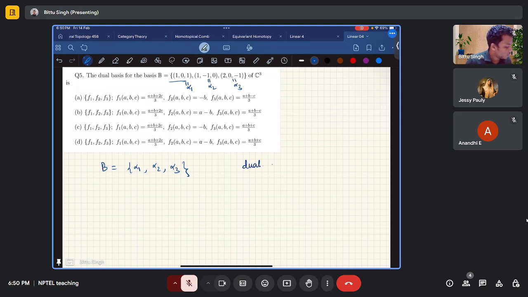So the dual of alpha 1, we can denote it by some function f, which is a map from C3 to C, because alpha 1 is an element of C3.